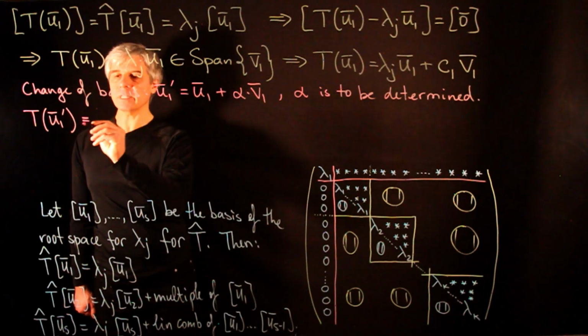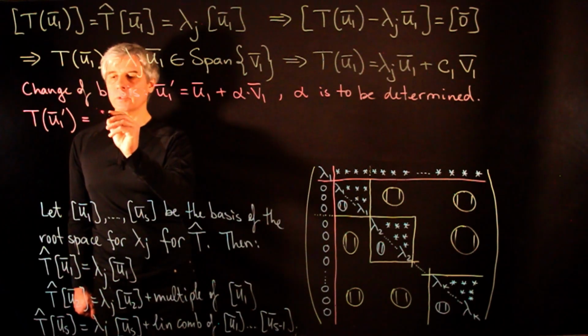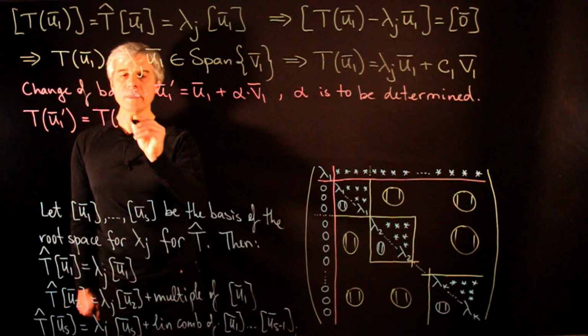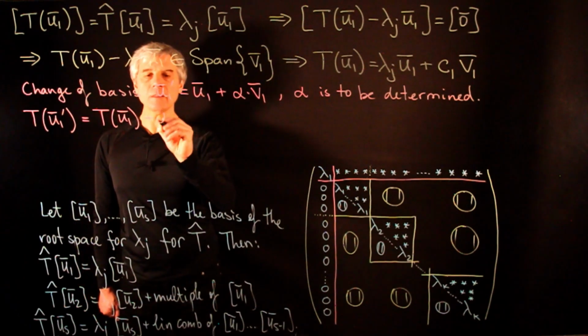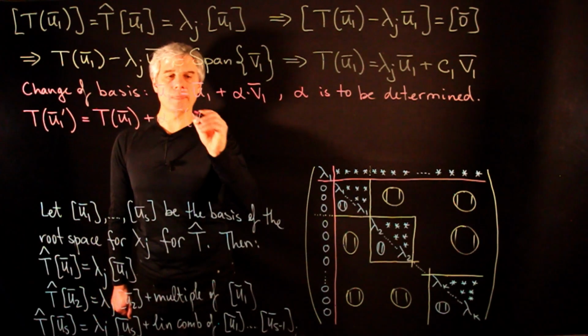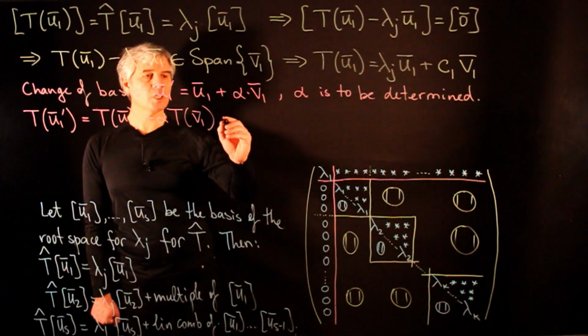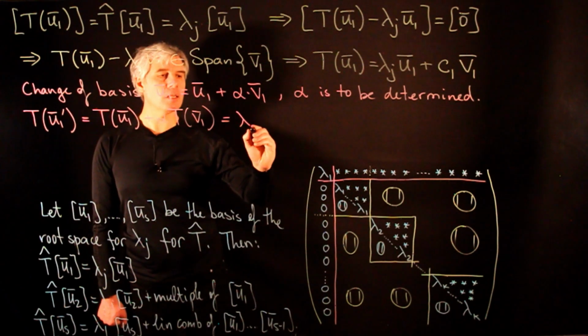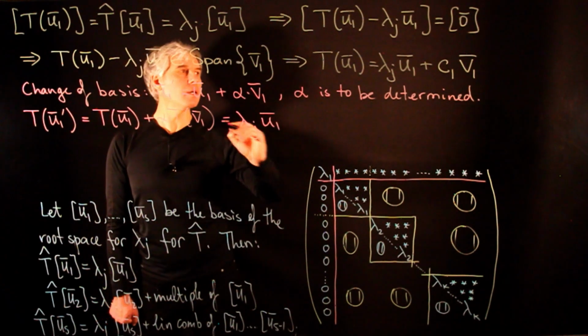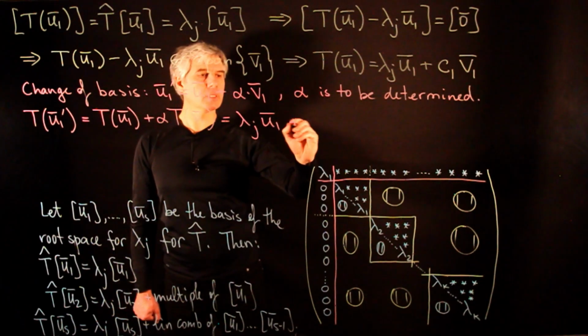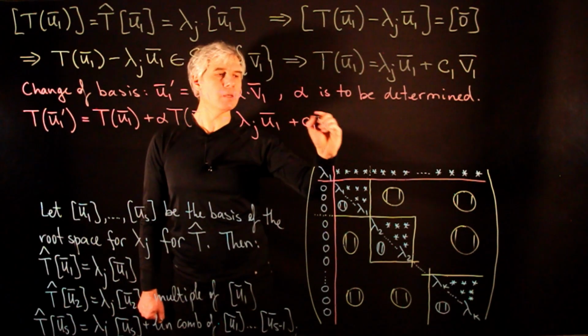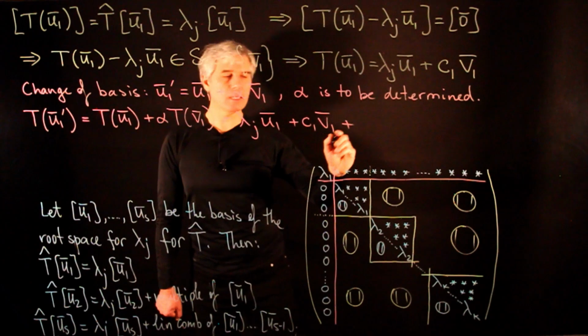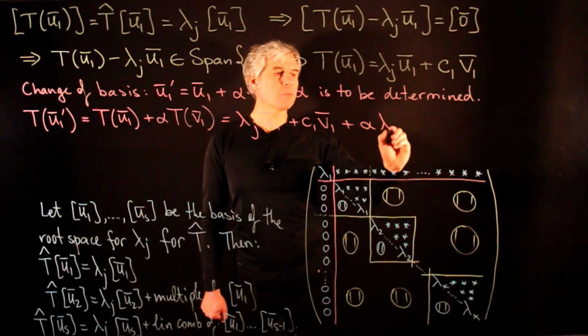Since T is a linear operator, this is equal to T of u1 plus alpha T of v1, which gives us lambda j times u1 plus c1 v1 plus alpha times lambda 1 v1.